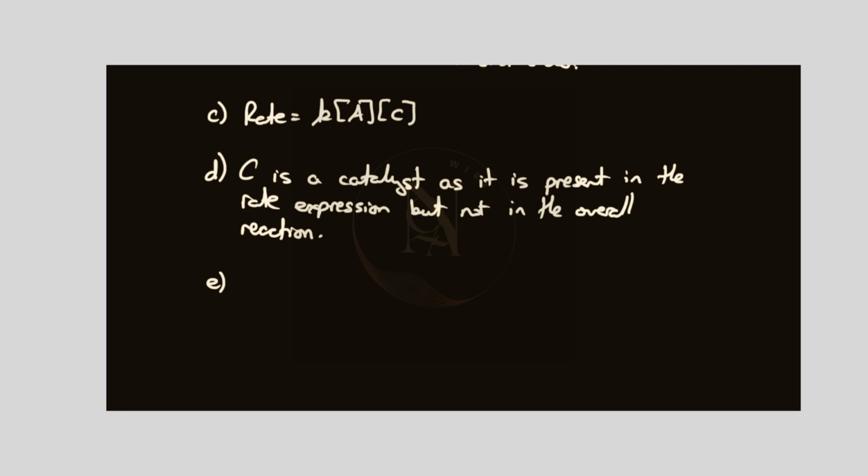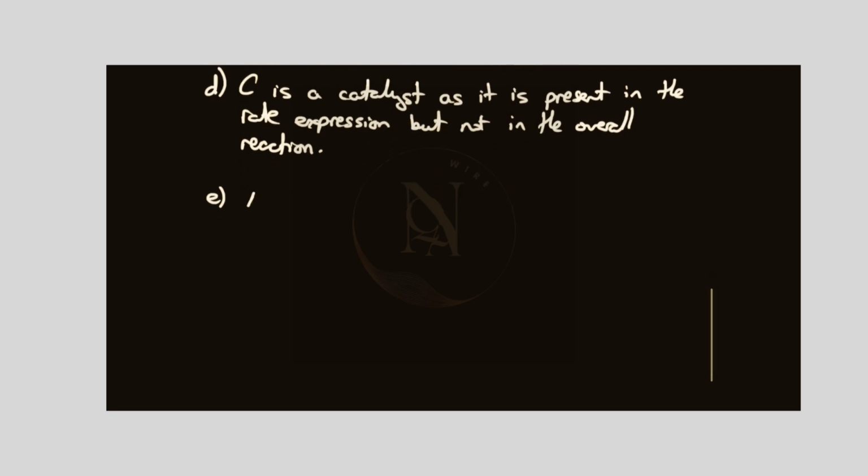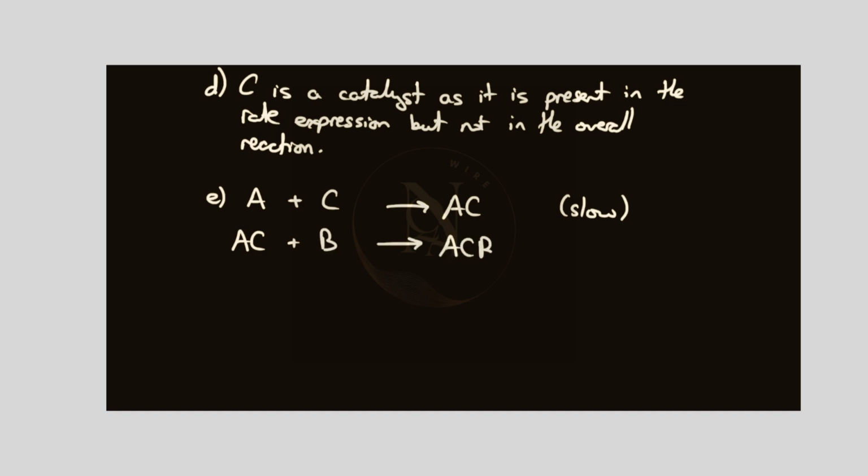For E, suggest a mechanism that is consistent with the data. So A plus C will produce AC. This would be a slow step. Then you'd have AC plus B to produce ACB. This would be fast.